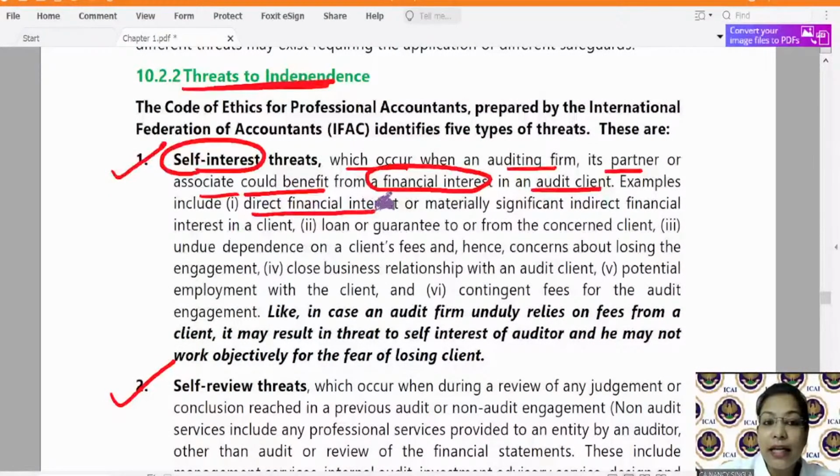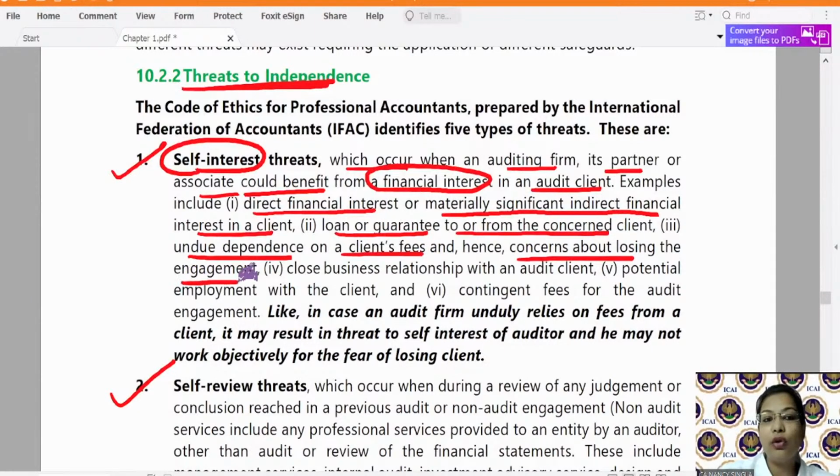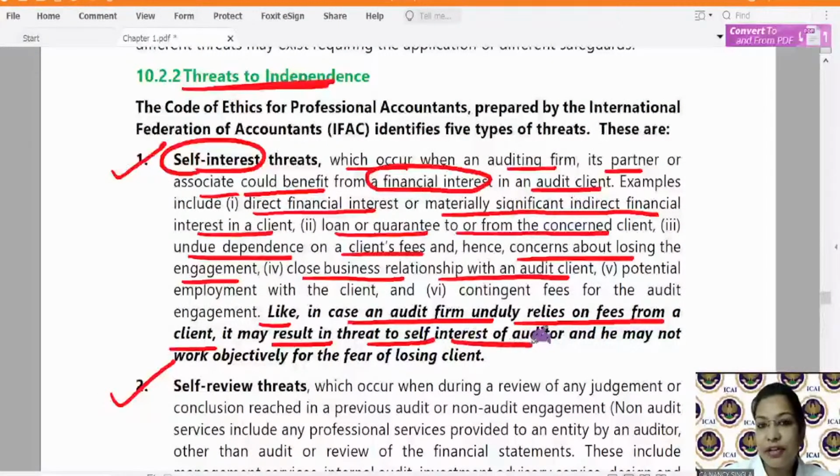Examples: direct financial interest or materially significant indirect financial interest in a client, loan or guarantee to or from the concerned client, undue dependence on the client's fees and hence concerns about losing the engagement, close business relationship with an audit client. Like in case an audit firm unduly relies on fees from a client, it may result in a threat of self-interest of the auditor and he may not work objectively for the fear of losing the client. I hope now after reading the discussion on self-interest threat, it is clear.